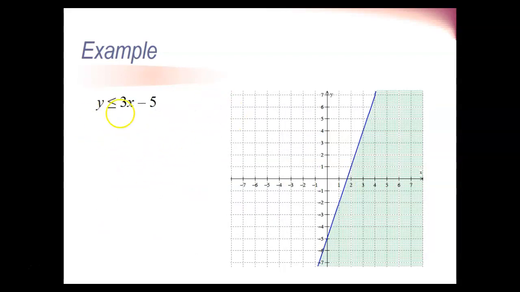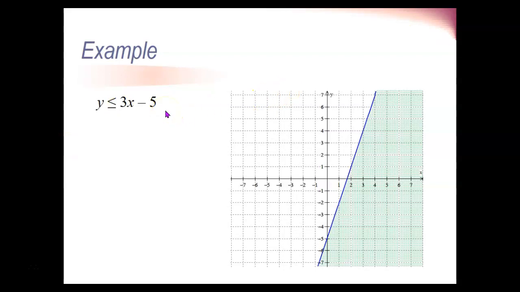Next example, y ≤ 3x − 5. So the first step would be to graph the equation y = 3x − 5. And since that's set up in slope-intercept form, the slope of that line would be 3, and the y-intercept would be −5.